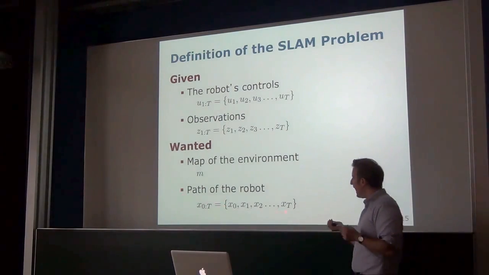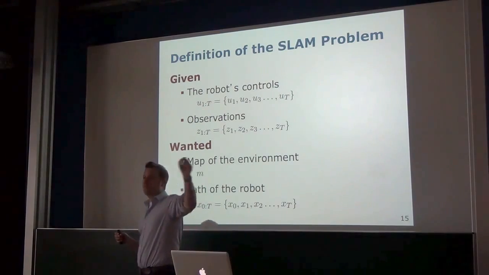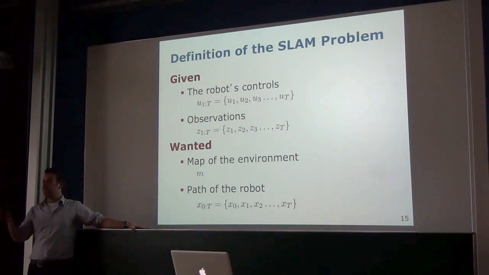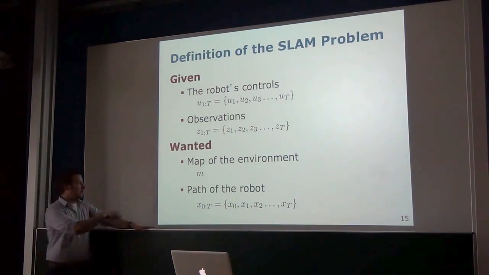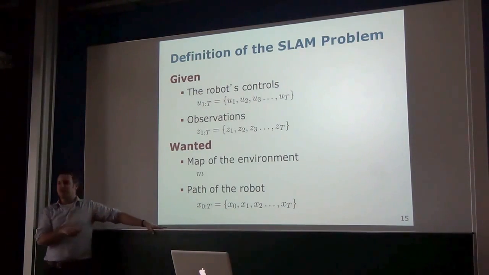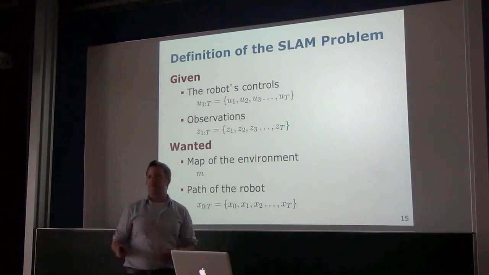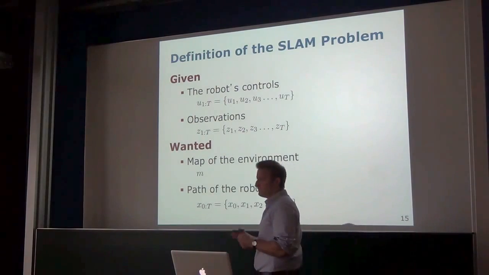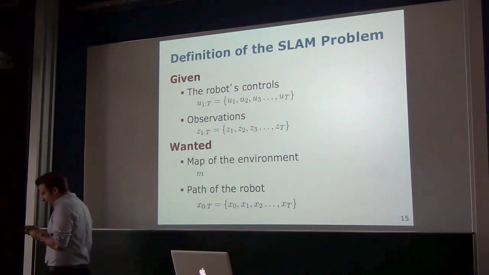And we're going to estimate the path of the robot, x0 to xT, so typically the different positions where the robot was in time. In theory it's a continuous problem because of the continuous trajectory in which the robot drives. In real systems, we simplify that to discrete points in time, say every second or every 2 seconds, or whenever a new measurement arrives. Because if I'm driving without having a measurement, there's not much I know, just that my uncertainty increases.